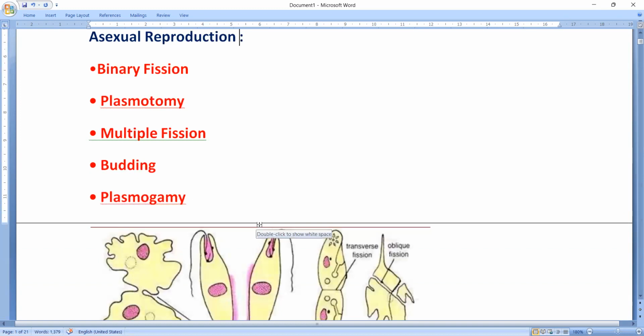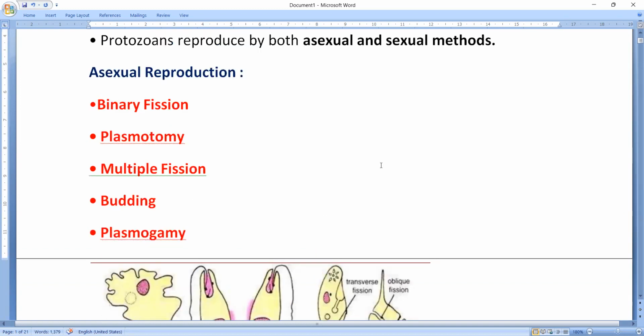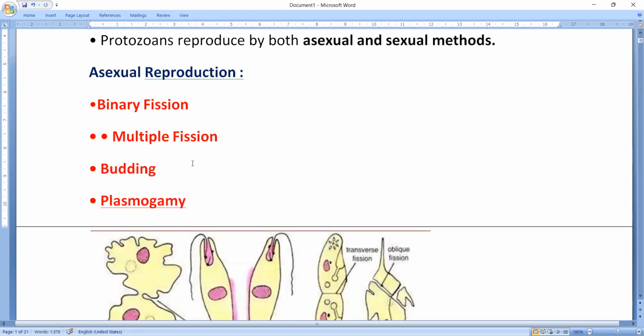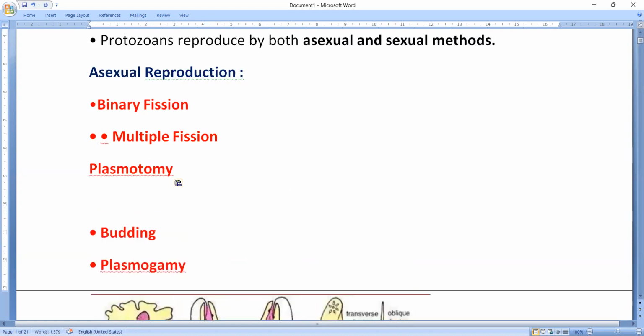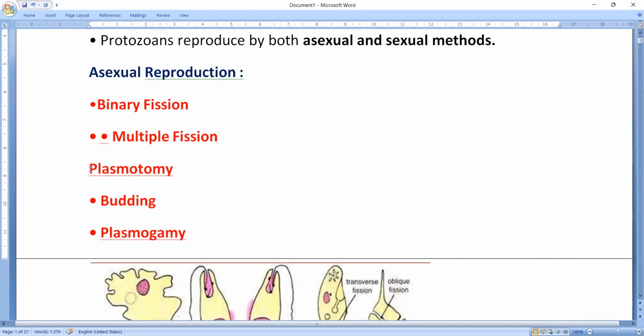So these are the different kinds of major asexual reproduction in protozoa. Okay, so one is binary fission, multiple fission, plasmotomy, budding, and plasmogamy.